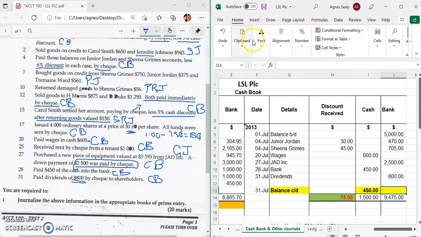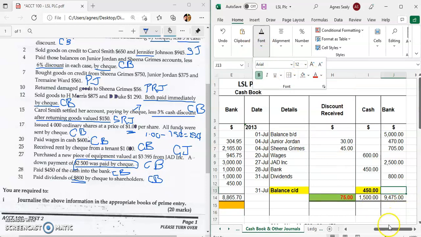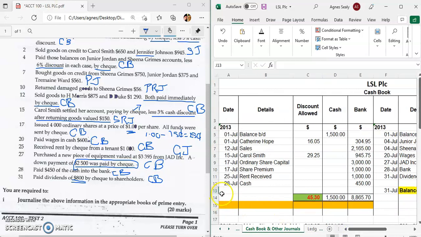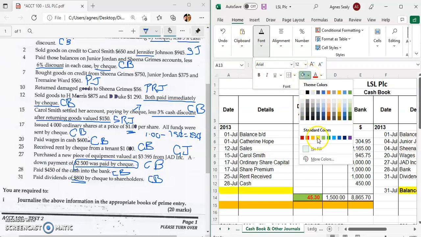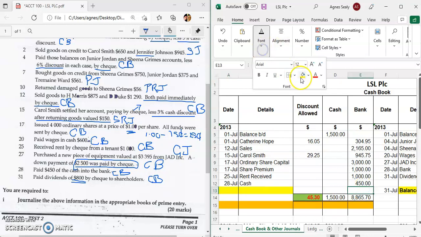So since our credit side is greater than our debit side, the difference will fall on the credit side. The balance will fall on the debit side of the cash book for our bank.